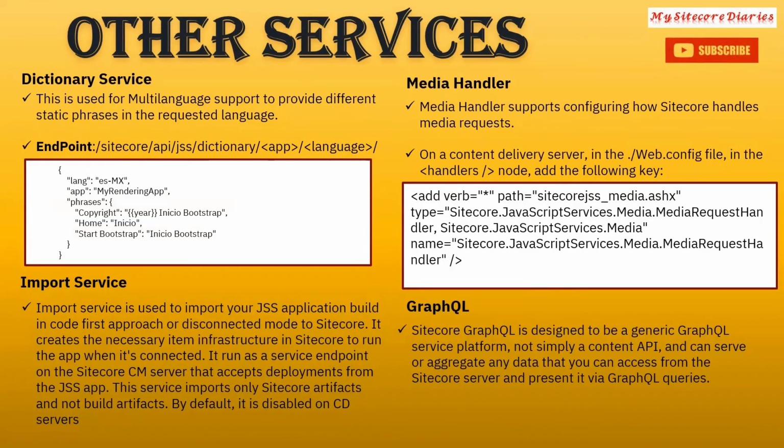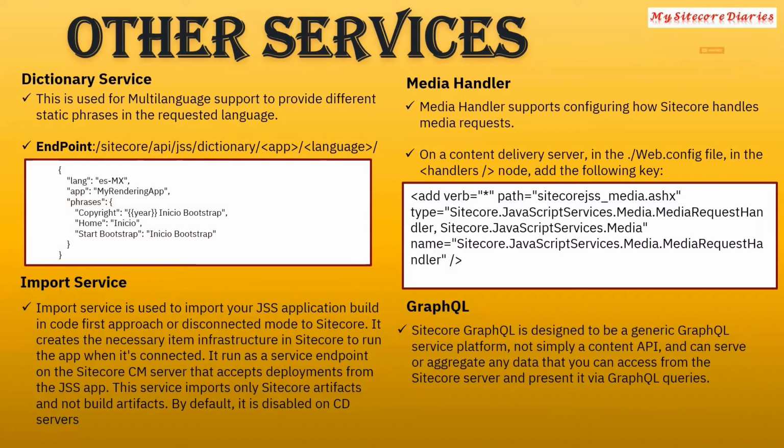It is like querying, like you have a Solr query in Solr. Similarly, in GraphQL you have GraphQL queries. It has a predefined request and response format. Its endpoint is handled by only a single controller, and no code is required to define any new endpoint. It uses SSC API keys for authentication.